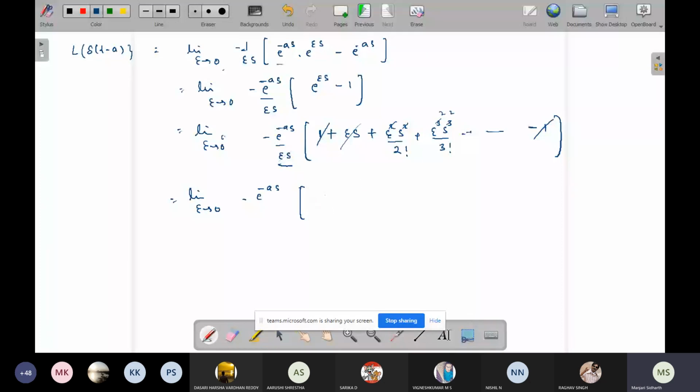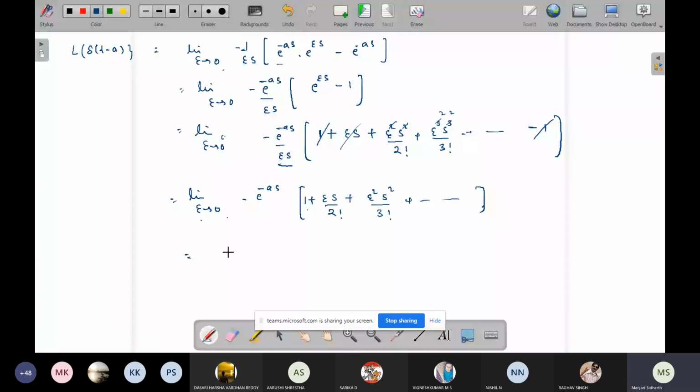That means you will get epsilon s, epsilon square s square by factorial 2, factorial 3, and so on. So when you take epsilon tends to 0, except this term, all will tend to 0, right?